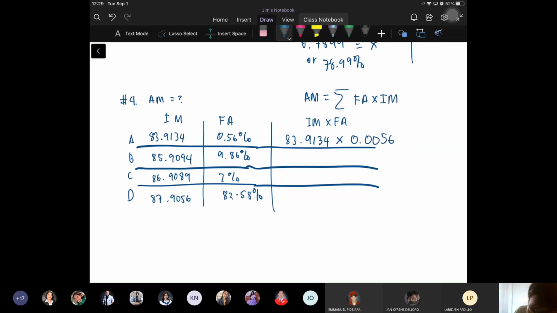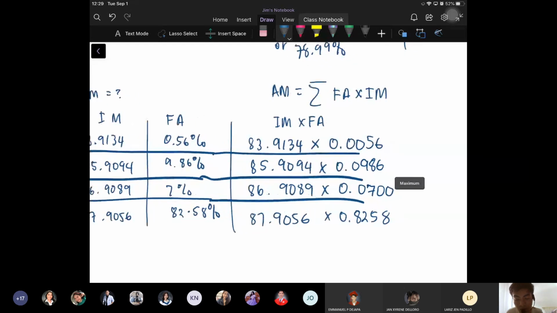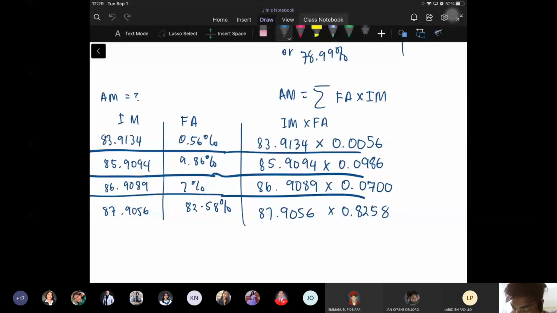Okay. And that's 85.9094 times 0.0986, 86.9089 times 0.07, and 87.9056 times 0.8258 now. So we can all plug in this into calculator now. We're just going to add all of this so we can get the average mass.